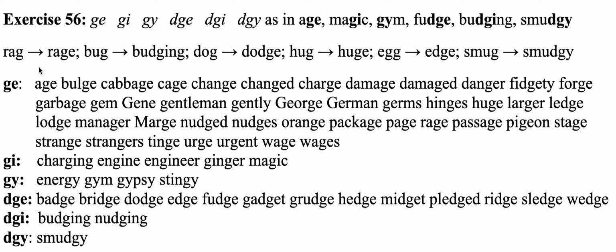Now we're going to do what I like to call these transformations. And we've really read all these first words here in a very early lesson. Then we're going to change it from the G sound, as in rag, to the J sound, as in rage. And we'll do these together.